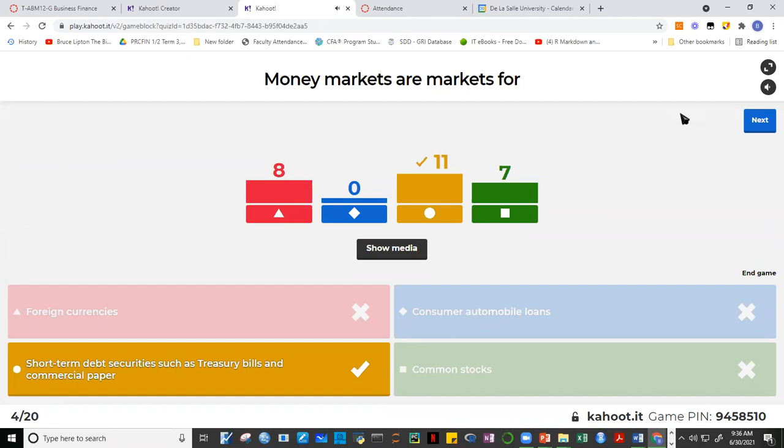Kasi sa financial markets, guys, meron tayong money markets, yung pinaka-fundamental na markets, and capital markets. Yung money markets, guys, they are for short-term securities. Treasury bills, no? Yung treasury bills, guys, ano yung treasury bills? Sino yung umuutang doon? Anyone, guys? Utang yan eh. Nangungutang yan, yung treasury bills. Sino nangungutang?